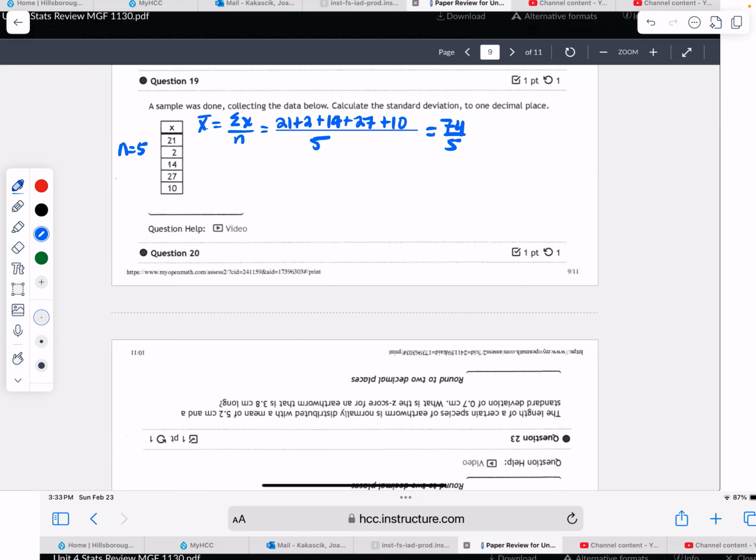Let me make sure I added everything right. I got 14.8. That's my mean. So that's the first step. The second step is we have to make the chart.